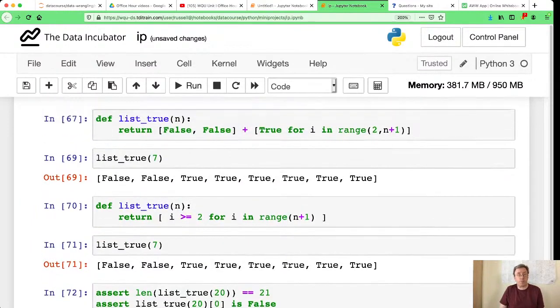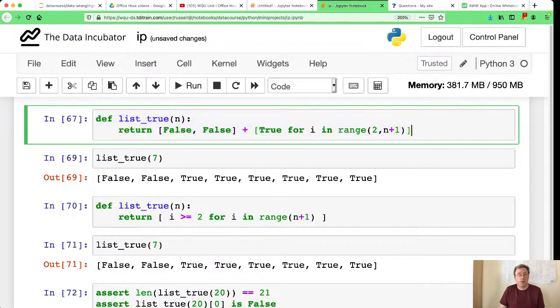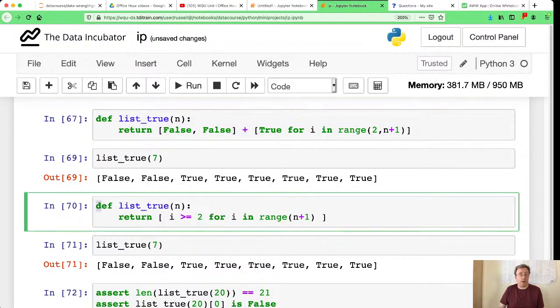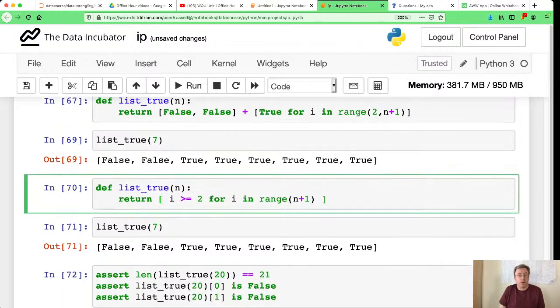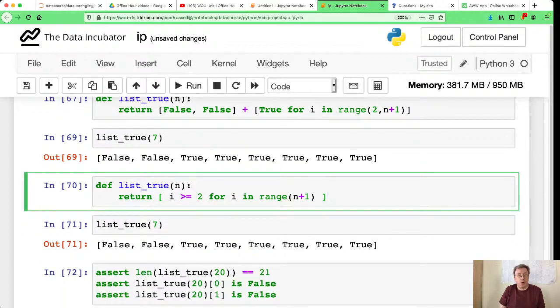So here's my 2 approaches to make my list that I wanted, right? The first 2 values are false. All the other values are true. So remember indices, in terms of indices, I have 0. Oh, you can't see my cursor. That always annoys me. Right, but I have 0 and 1 are false.